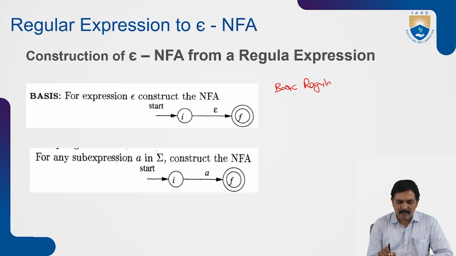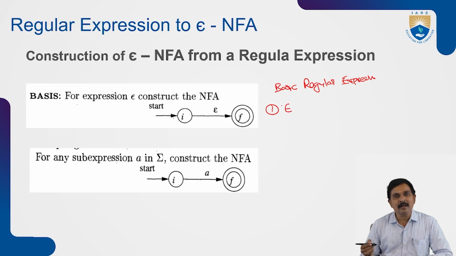Here the basic regular expressions are, first, null, which means you go to another state without reading any input symbol. Null is represented in the diagram by the epsilon symbol. Second is a single symbol.